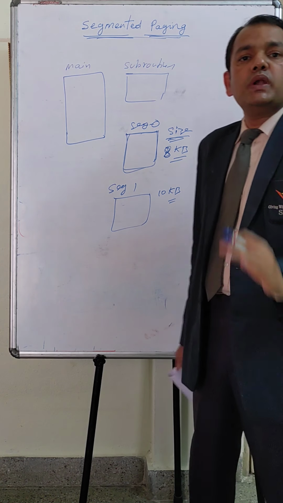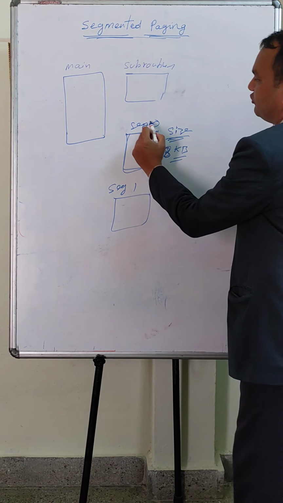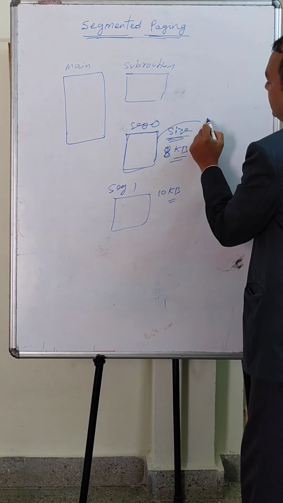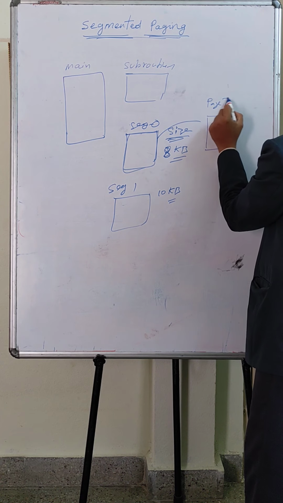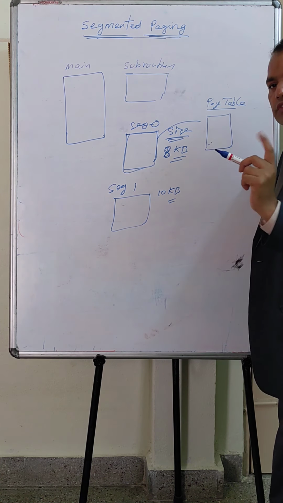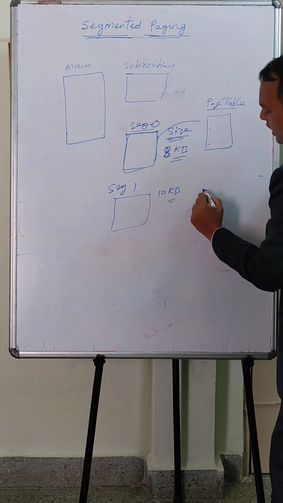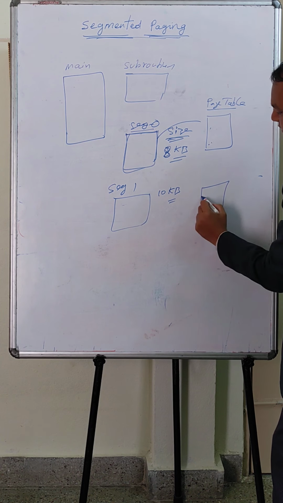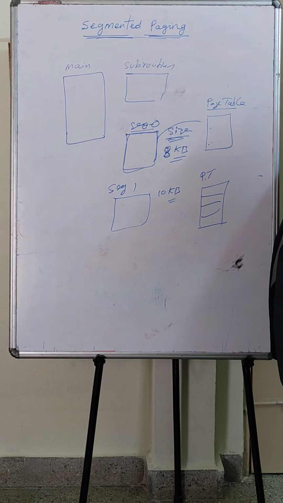is divided into a number of pages. This segment 0 has a unique page table. This page table is only for segment 0. And segment 1 has its own page table, again a page table.